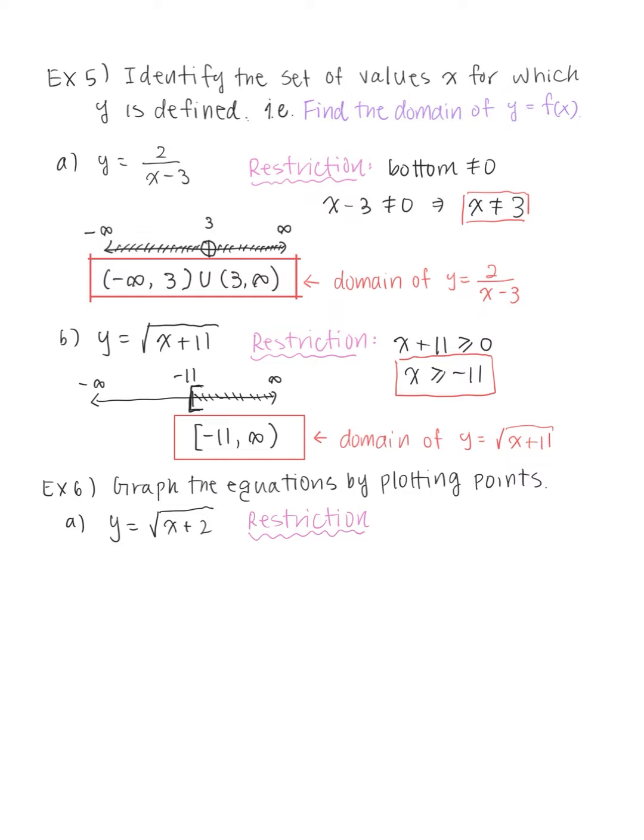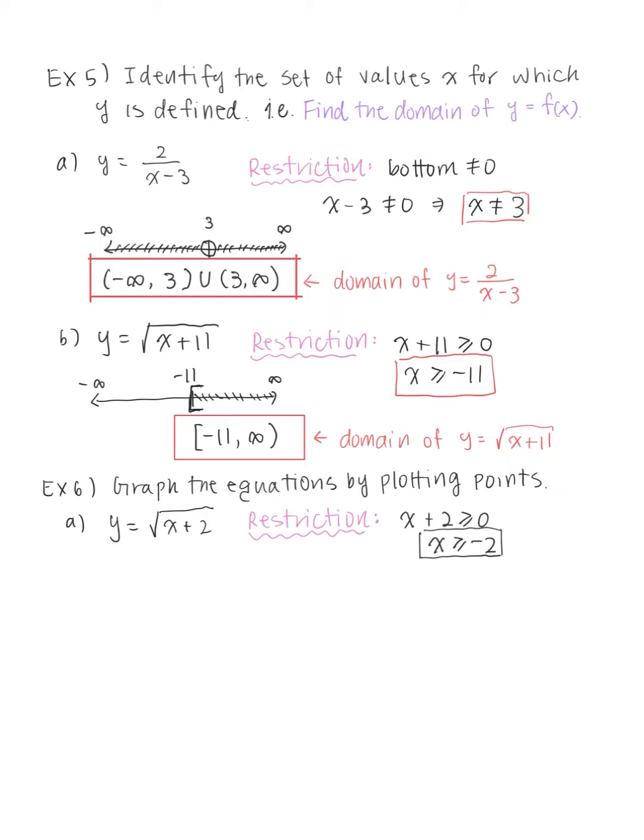All right, so we got the square root going on. Do you remember what's going to happen? Yes, your radicand must be greater or equal to 0, which is x plus 2 must be greater or equal to 0. Subtracting 2 from both sides, you're going to have x is greater or equal to negative 2. So that's the restriction.